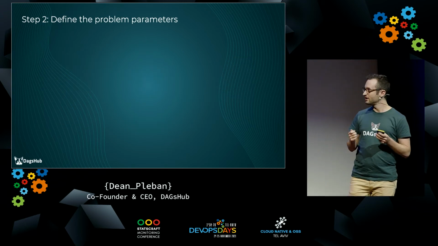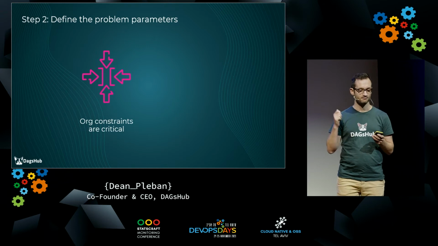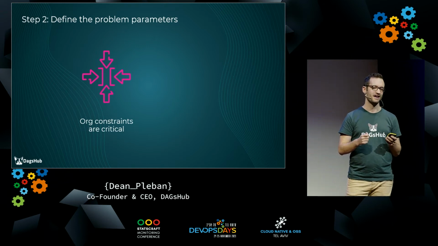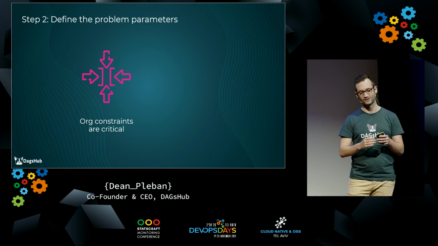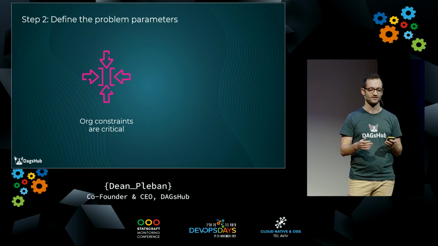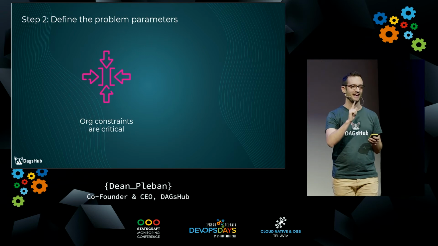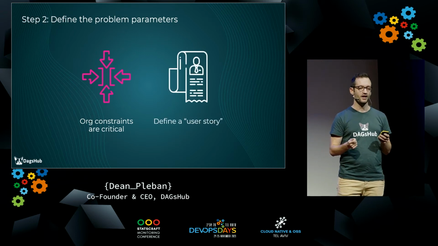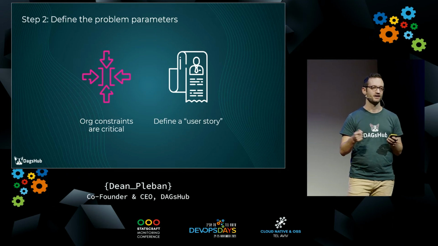So again, a few points to note. Organizational constraints are arguably the most important. They usually provide the most exhaustive list of considerations to take. And so if you only ask one set of questions, do this one. And then another effective way to do this is defining a user story.